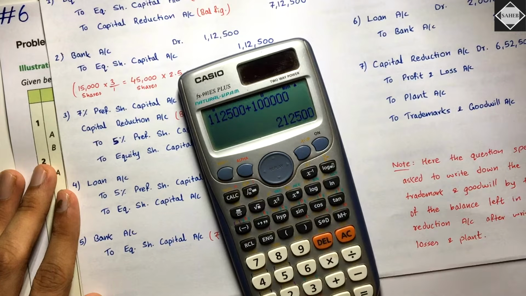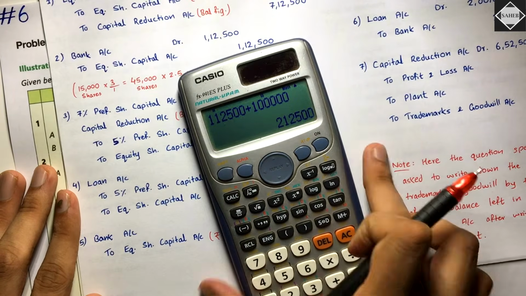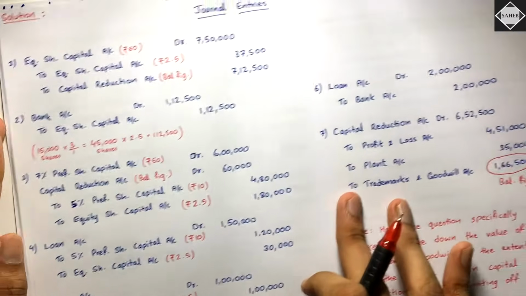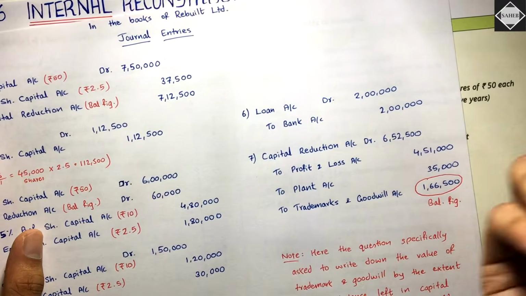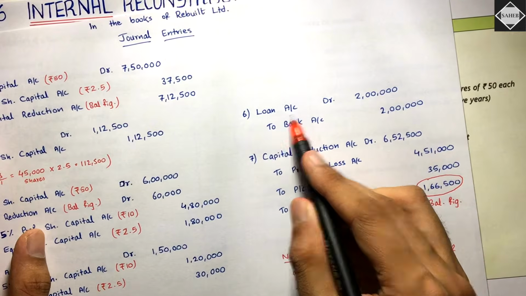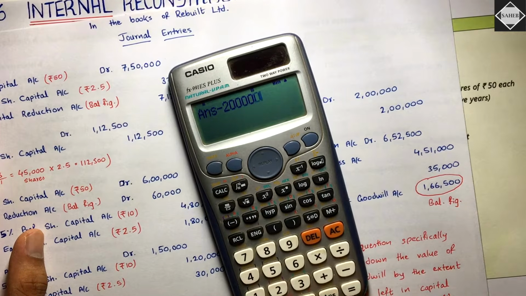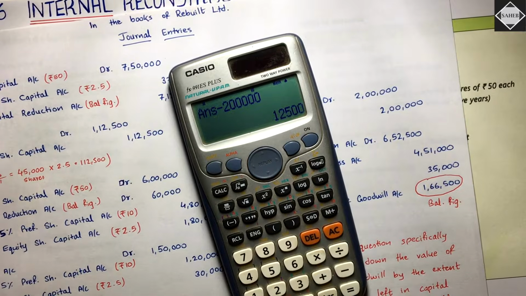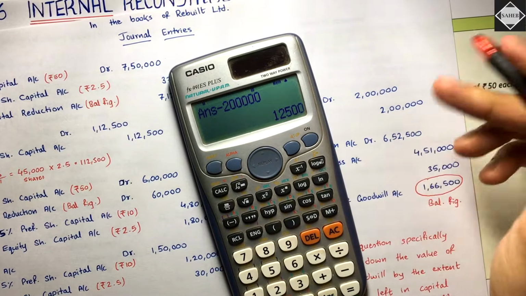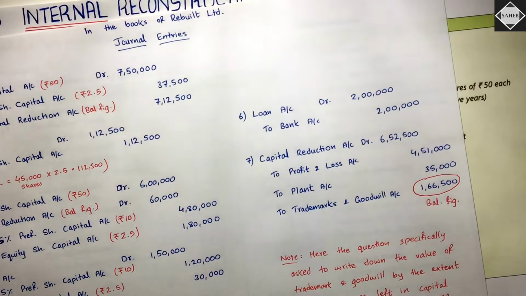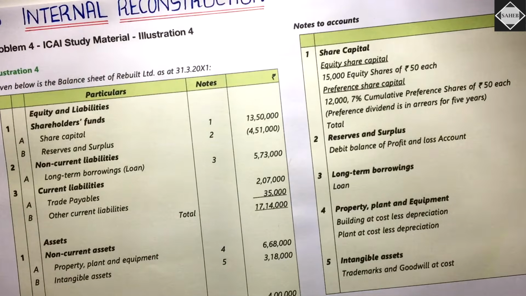So we had 2,12,500. Have we received any more money in the bank? No. We have made a payment to loan holders of 2 lakhs. So we have to subtract that. Minus 2 lakhs because we need the final amount now. So that's equal to 12,500. So this is the cash that we have right now in the bank account at last.